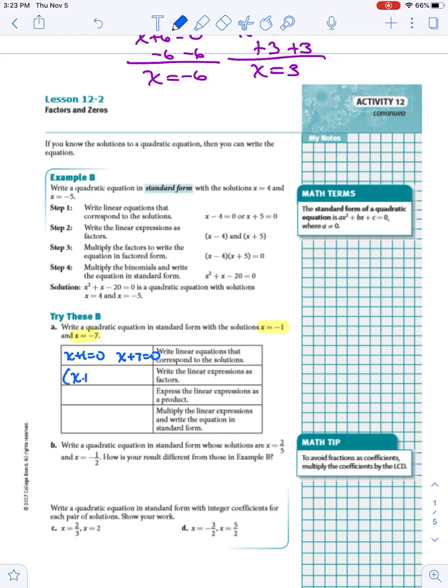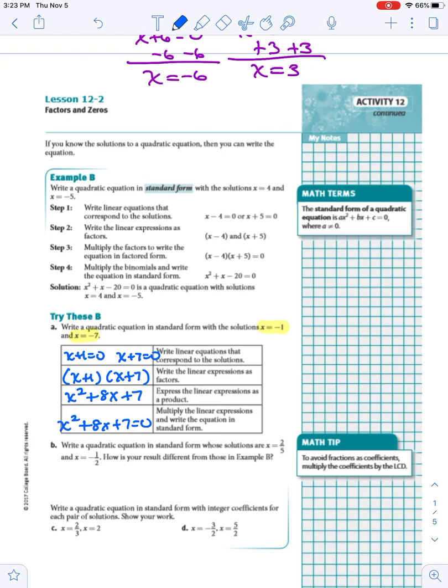Now we can write them as factors: x plus 1 times x plus 7. If we multiply that out, we get x squared plus 7x plus 1x is plus 8x, and then 1 times 7 is plus 7. When we're all done, we set it equal to 0, so we get x squared plus 8x plus 7 equals 0.